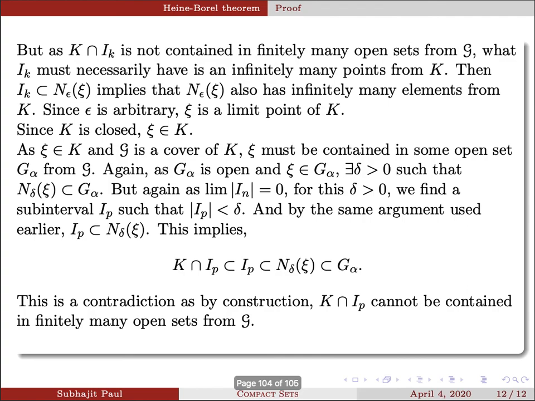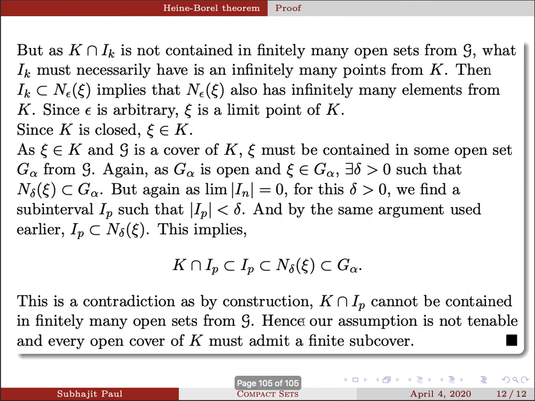This is a contradiction, because by construction K intersection Ip must not be covered by finitely many open sets from G. But here we see that K intersection Ip is inside one single open set G alpha from script G. This is a contradiction. Hence, our assumption is not tenable, and every open cover of K must admit a finite subcover.